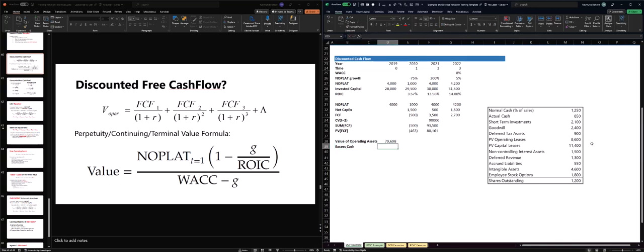Well, if we take actual cash minus normal cash, it's negative. We actually probably need more than what we have. So we don't really have excess cash, so it would be zero. Why is it not negative? Well, we don't have that cash in the first place, right? Because that's the normal cash needed to run the business.